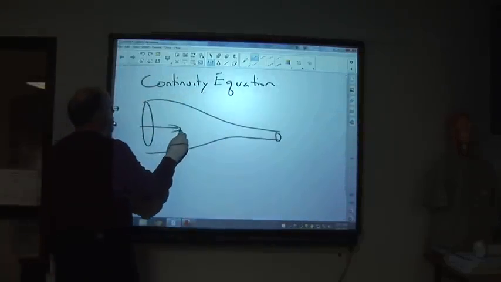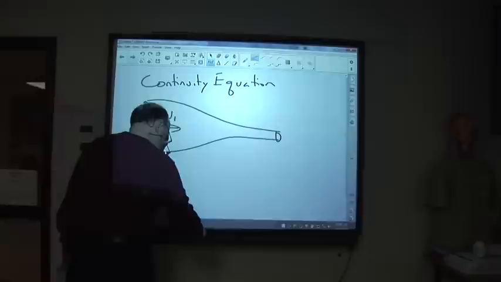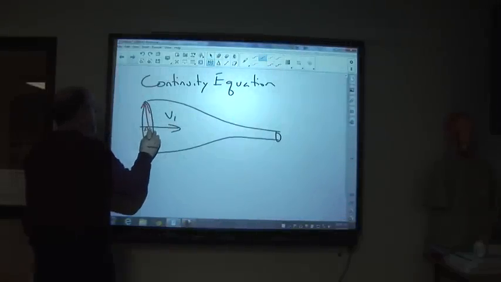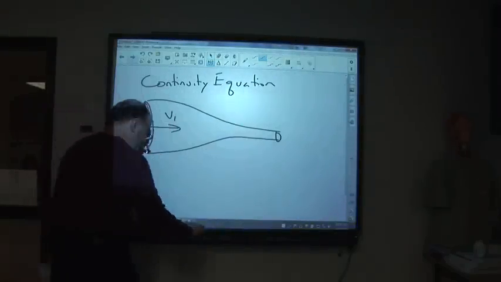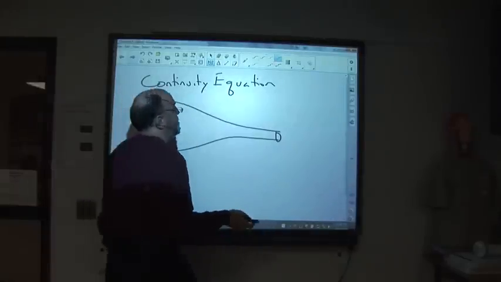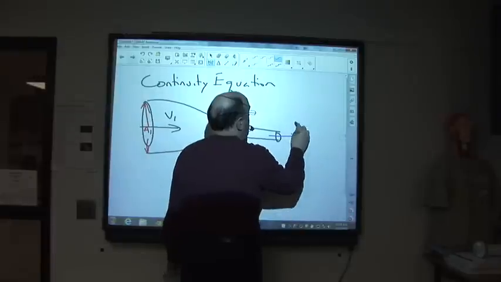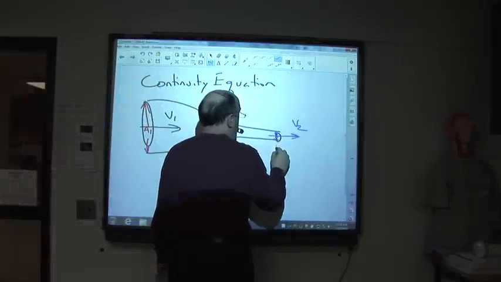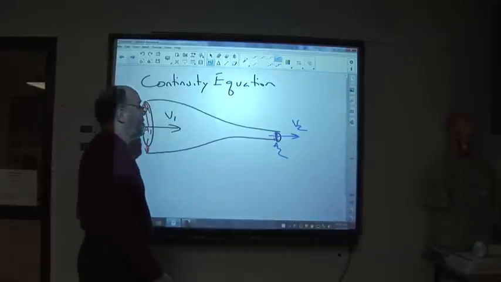And so we have, this is going to be V1. This will be cross-sectional area A1. And then we look at what happens as it comes out this end. So we get V2, and then what would be cross-sectional area A2.